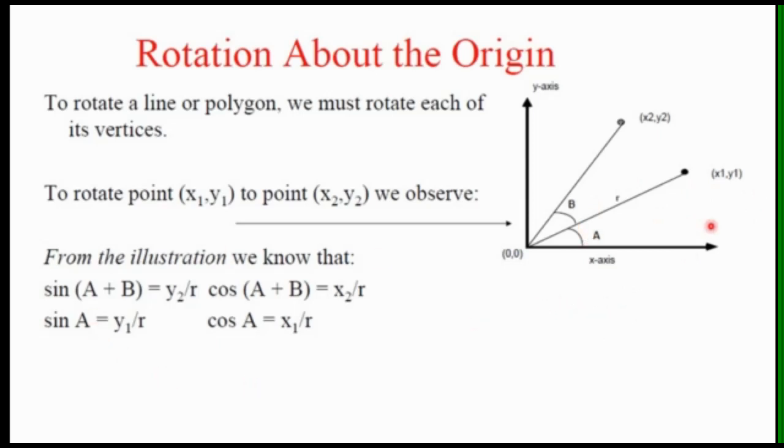As we know from this graph or axis, this is the length r, this is the distance y1, and this horizontal distance is x1, from this point to axis y.